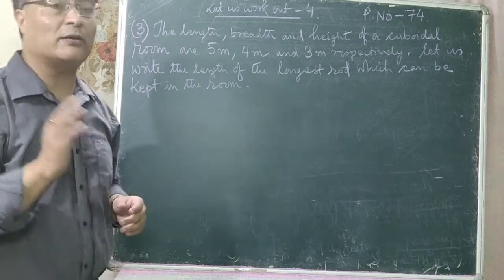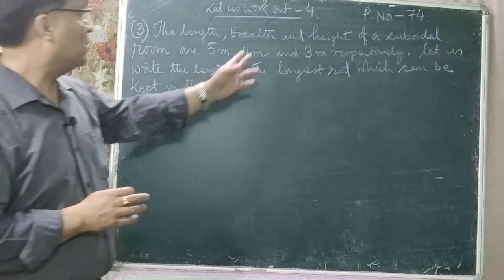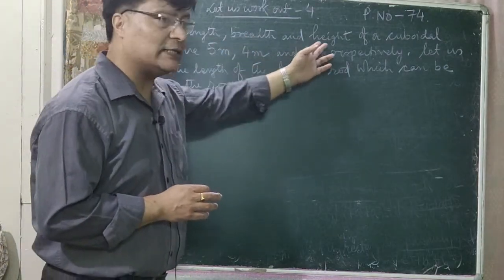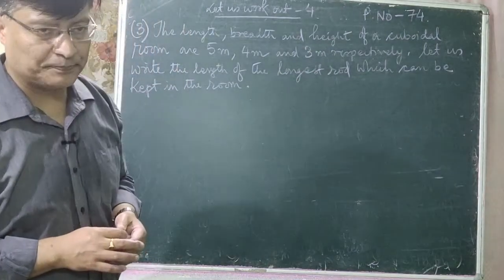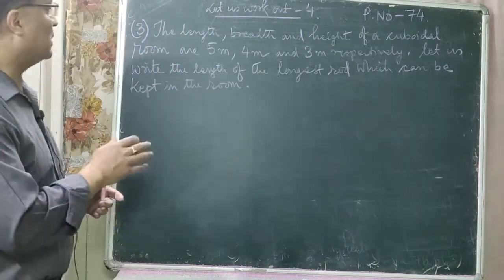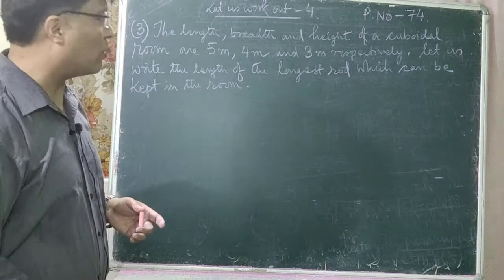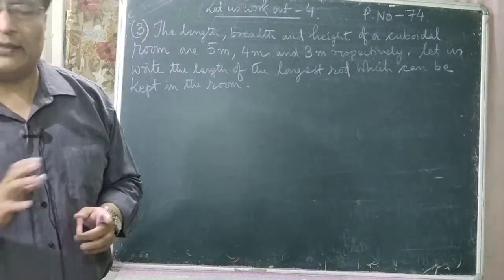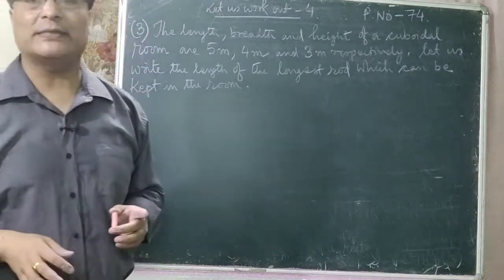Cuboidal room means rectangular parallelepiped. Length is given as 5 meter, breadth is given as 4 meter and height is given as 3 meter. Right? So let us write the length of the longest rod which can be kept in that room. You have to find out the length of the longest rod that can be kept in that room.